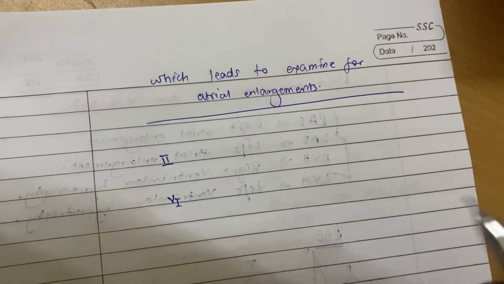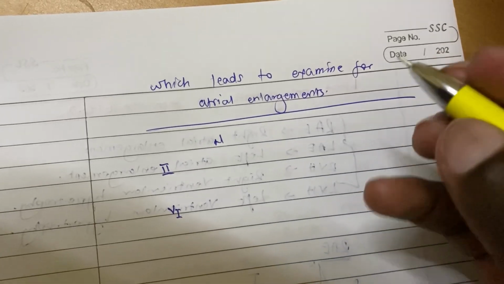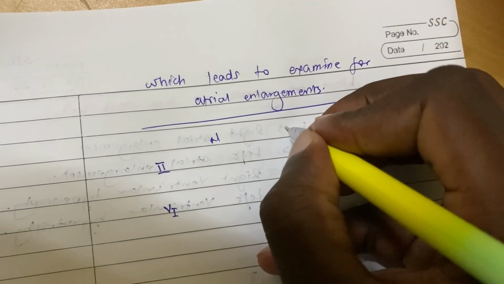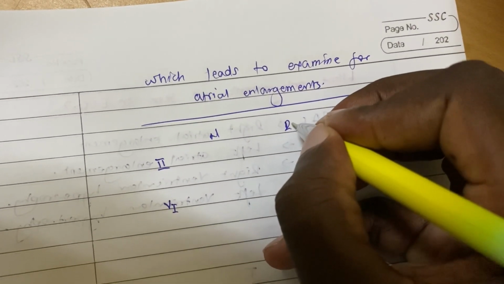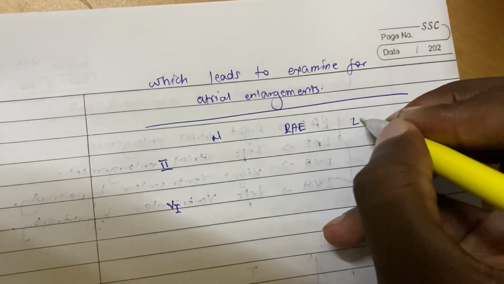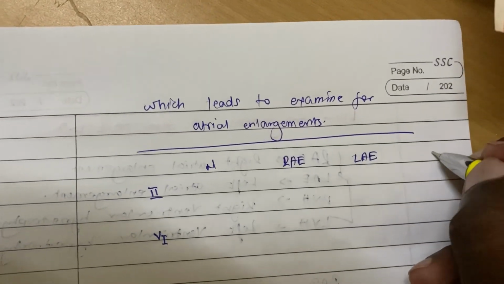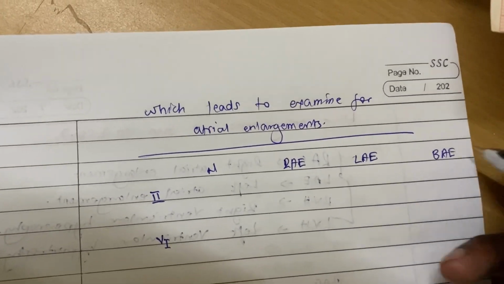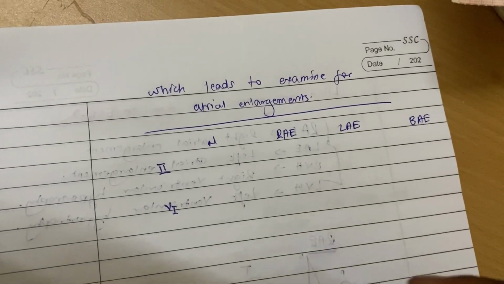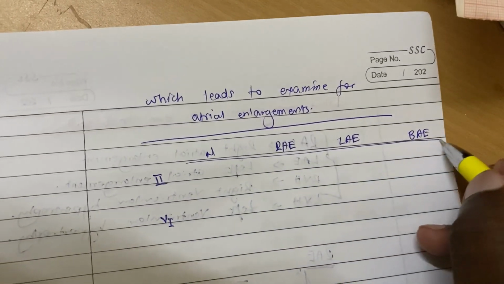And we know what is normal in lead 2. You can draw normal, right atrial enlargement, and then left atrial enlargement, and then biatrial enlargement, because we can have both when they are both enlarged.